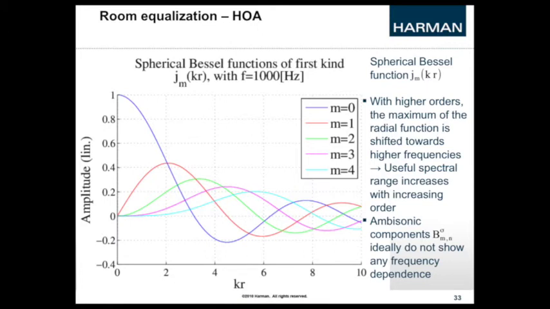Okay, how do such radial functions look like? So what you can see are the Bessel functions of the first kind for different orders. If you closely look at the peak, where does the peak of those orders appear? You can recognize that they appear either at further distances if you leave the frequency at the same number, or at higher frequency if you just look at the same radius.